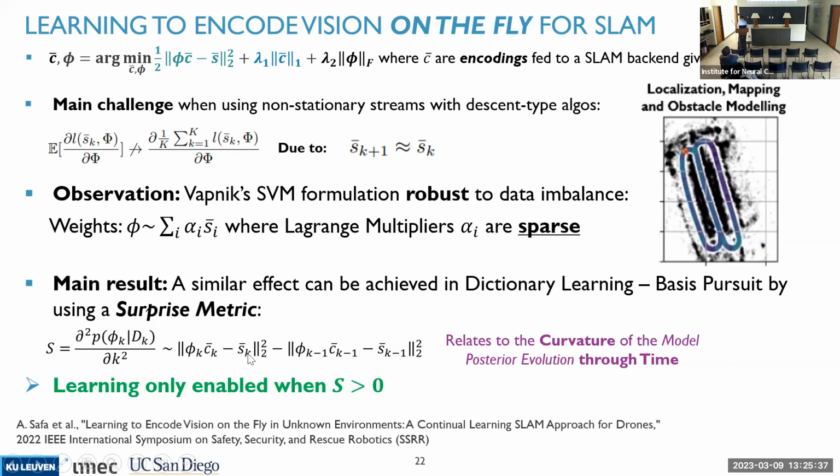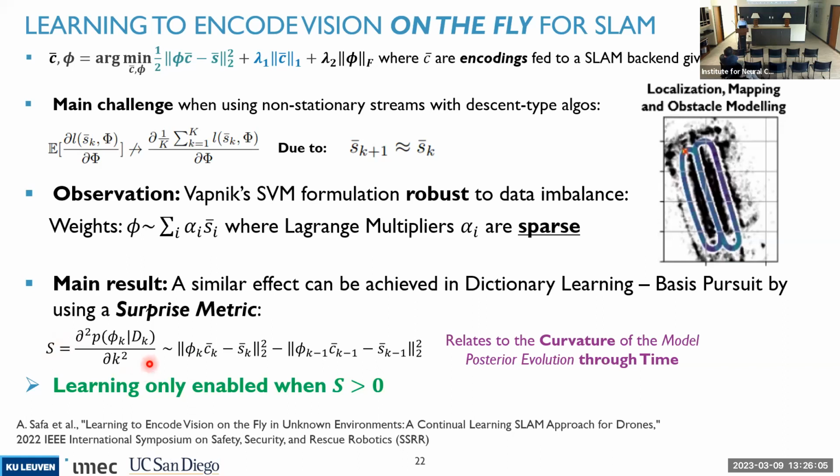So if I have an input example s at step k, the previous input example at k minus 1, the previous weights that I learned, the weights that I learned after taking the gradient step, for example, and the outputs, the difference between successive reproduction errors can be defined as a form of surprise metric.